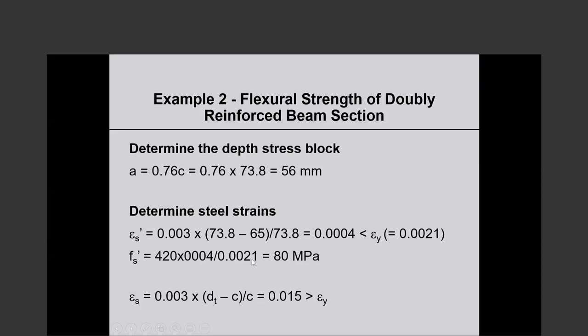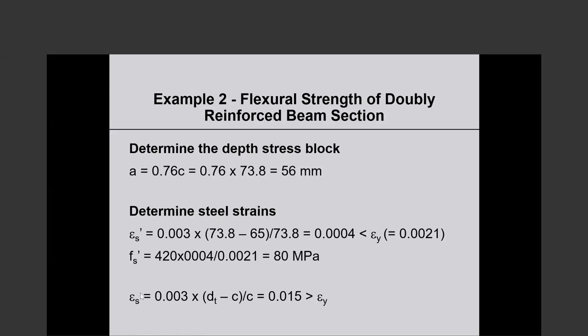Okay, this is again kind of a straight line interpolation. At 0.0021 strain, the stress would be 420 MPa. At 0.0004 strain, what is the stress? And the answer is 80 MPa. So in the compression reinforcement, we have a stress of 80 megapascals, although the yield strength of that reinforcement is 420 MPa.